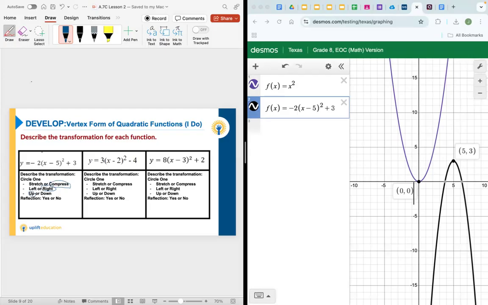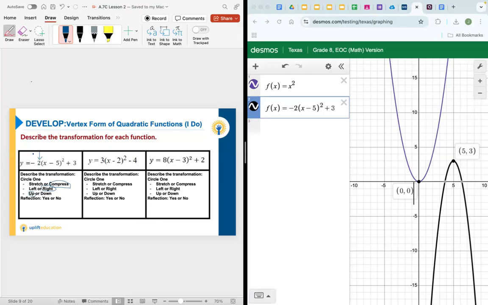The reason why we know something compresses or stretches is because our A has a value. And our A at this value is a 2. Notice when we have a whole number, numbers that are 1 or greater, we're always going to compress. Anytime we have a number that is less than 1, like a fraction, we're going to stretch. That's just a quick little tip.